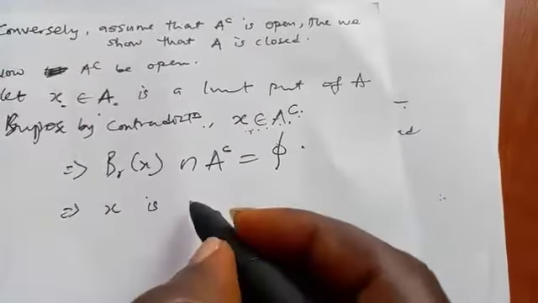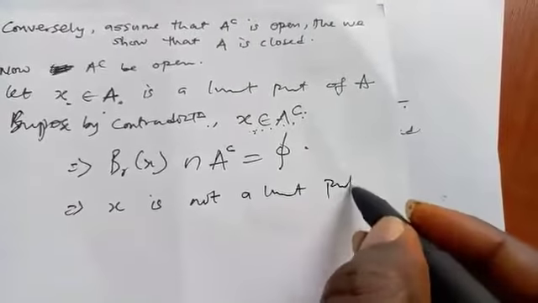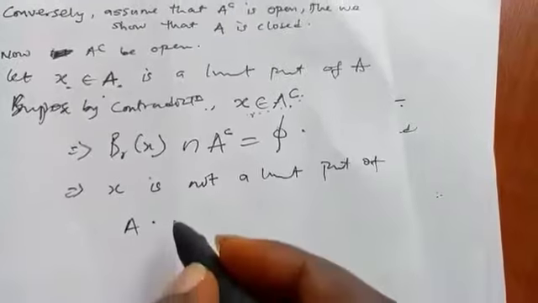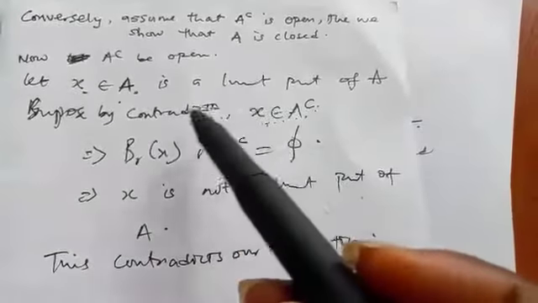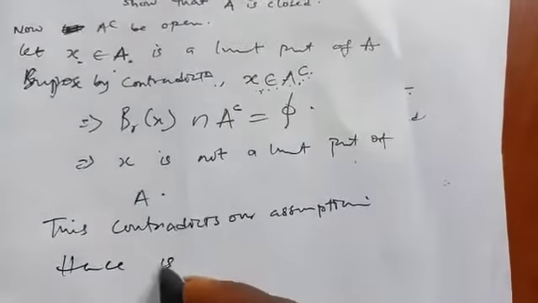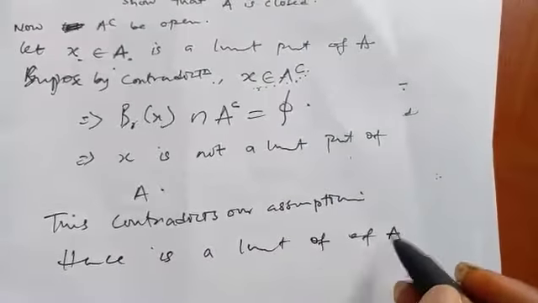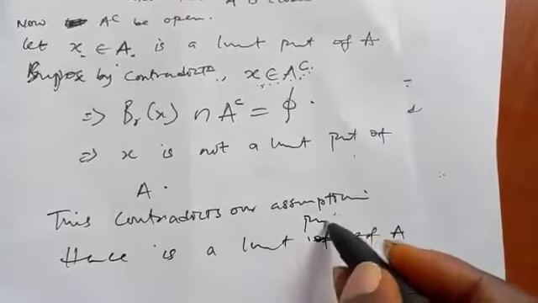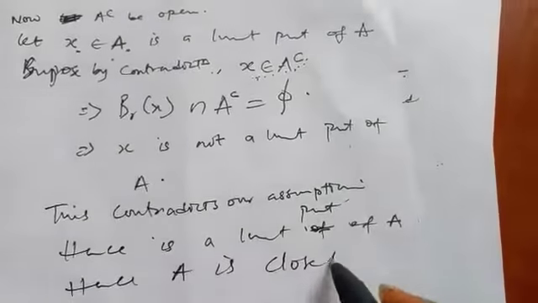So this implies that S is not a limit point of A. This contradicts our assumption that S is a limit point. So in that case, S is a limit point of A. Hence, A is closed.